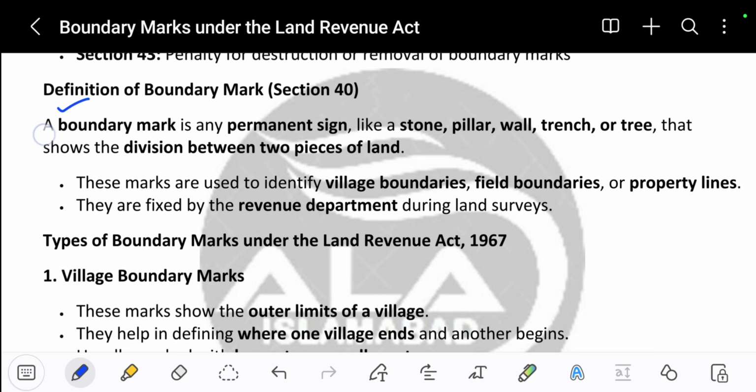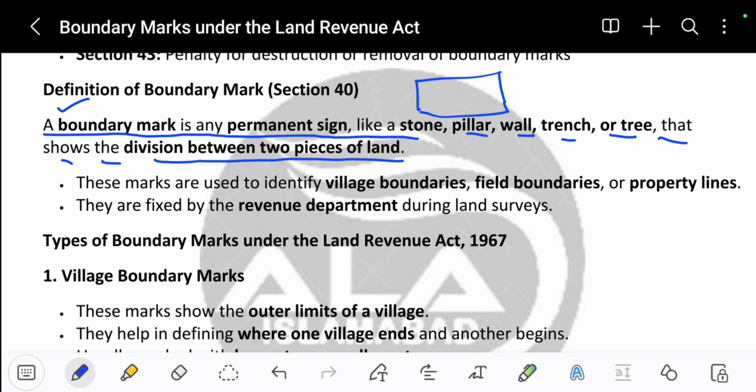In this heading you have to write that a boundary mark is any permanent sign like a stone, pillar, wall, trench or tree that shows the division between two pieces of land. Most of you have seen villages, where there are lands that have divisions. Or take the house you're living in: obviously it is within a boundary.